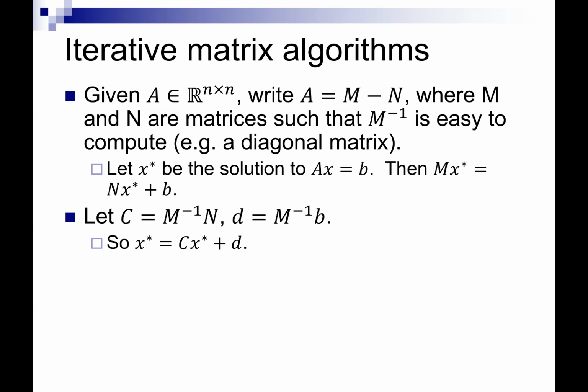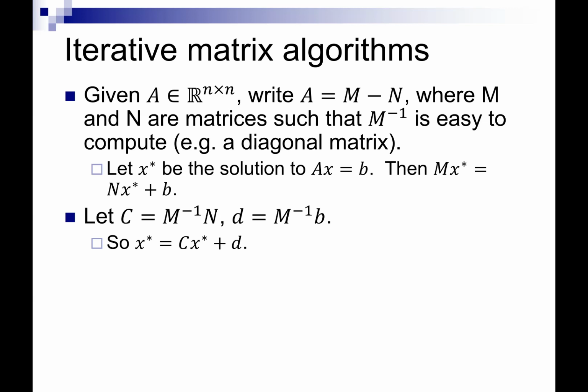Now we're going to define this matrix C. C is going to be equal to M inverse times N, right? Remember that M inverse is easy to compute, so therefore we can also easily compute C. And then D is going to be M inverse times B. So D is a vector.